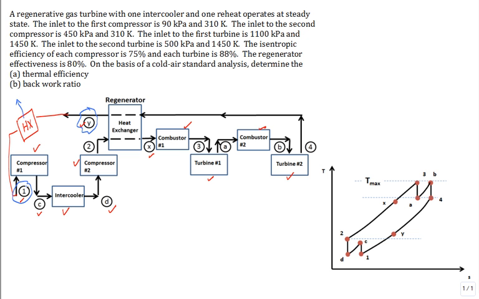All right, so we're going to have work out of the first turbine, work out of the second turbine, then we have work to drive the second compressor, work to drive the first compressor, and so these are going to be negative, and the other two for the turbines are positive. You calculate the work net of the cycle, so work turbine 1 plus work turbine 2.